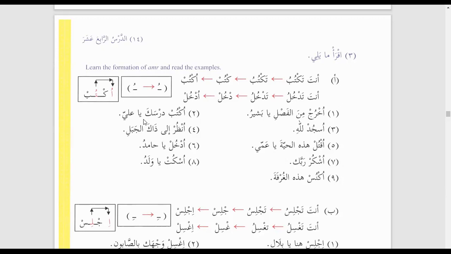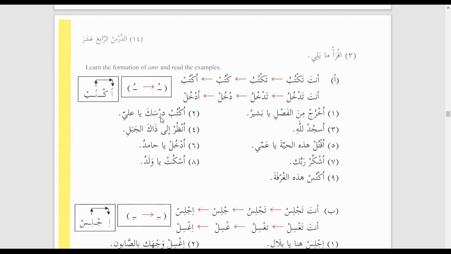But if we don't know if the second root letter has dhamma or not, for example, you have the past kataba, then how will you know that you have to put dhamma? So we should know that kataba is from the family of nasara. Yeah. So nasara yansuru, kataba yaktubu. Okay, so that's why it has become uktub darsaka ya Ali.